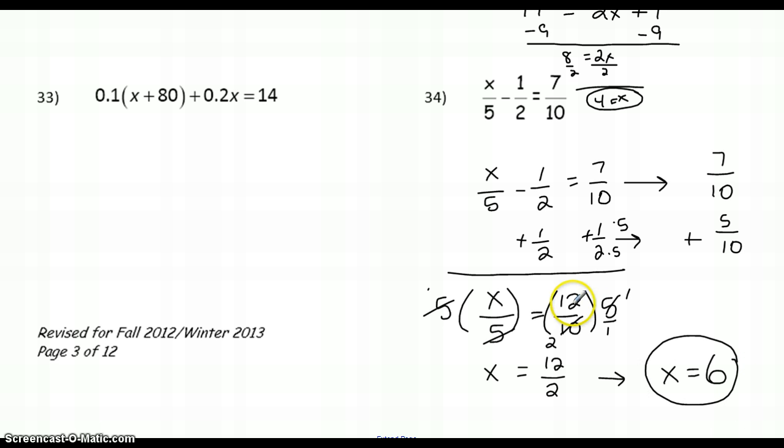Okay. And again, this 12/10 right here was not a reduced fraction. I didn't have to reduce that until I was done with my final answer. Like my final answer right here does need to be reduced to that 6. Okay, so let's see what we have next.